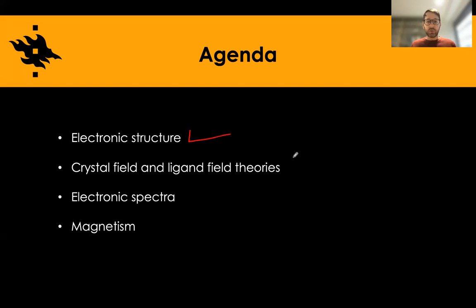Then we will focus on crystal field and ligand field theories to describe bonding and electronic structure in coordination compounds or complexes having a variety of common geometries, in which we will focus on octahedral, tetrahedral, square planar, and also tetragonal distortion of the octahedral, for example. We will also cover the electronic spectra and magnetism.